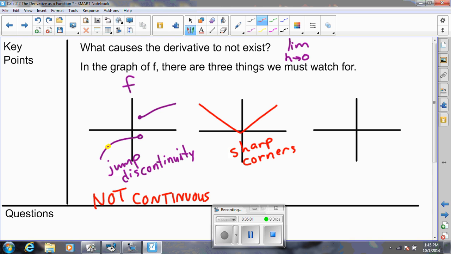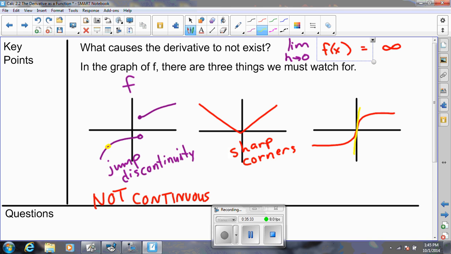The last one is a little bit less intuitive. Remember, if we took the limit and the limit was infinite, we actually say the limit does not exist. The limit exists only for finite numbers. Well, that can happen if you have graphs that look like this. Approaching zero, you see how the slope of this line is becoming really, really close to vertical?